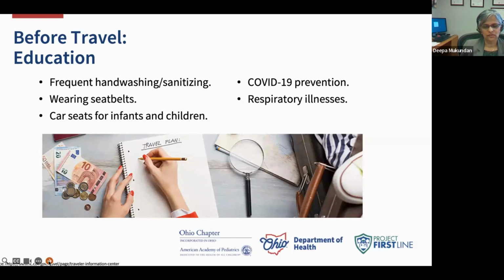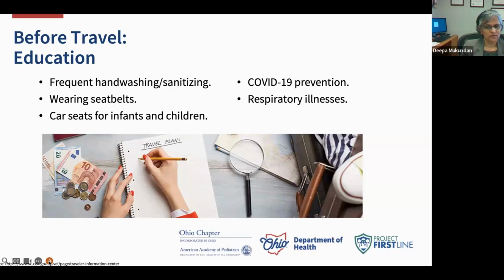And one of the things we have learned with the pandemic is prevention for COVID-19. So we still track new cases and also time your vaccines if you're traveling abroad and you do need some protection.